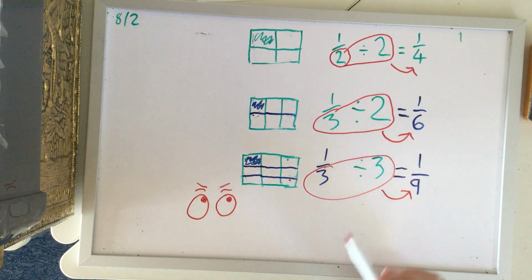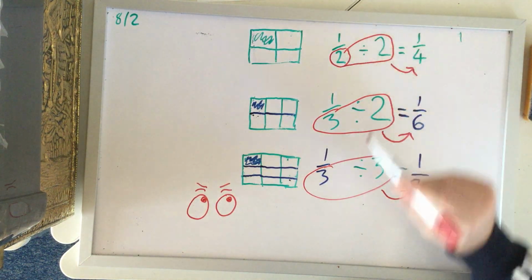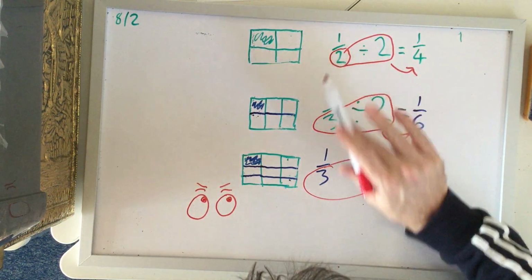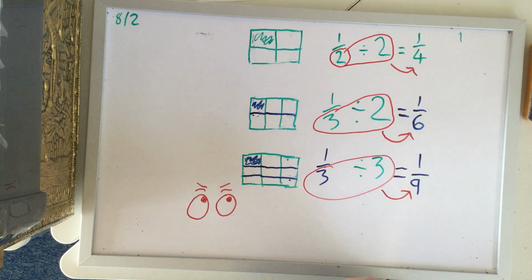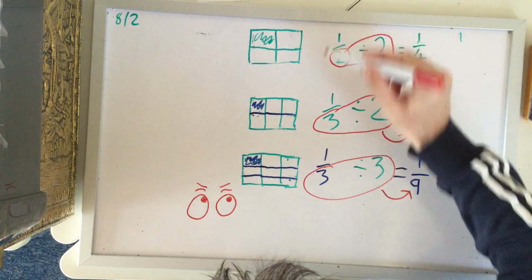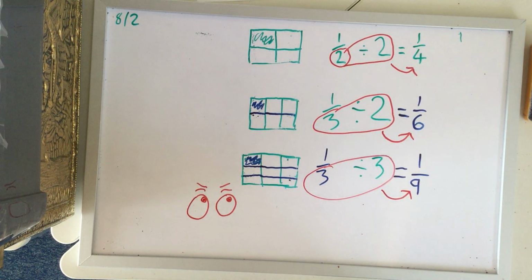So even though we're dividing by a whole number, our fraction is actually getting split up smaller and smaller. And the way to work it out is you actually multiply. You multiply your denominator by your whole number. It's as simple as that. And then you just put your numerator back over the top.